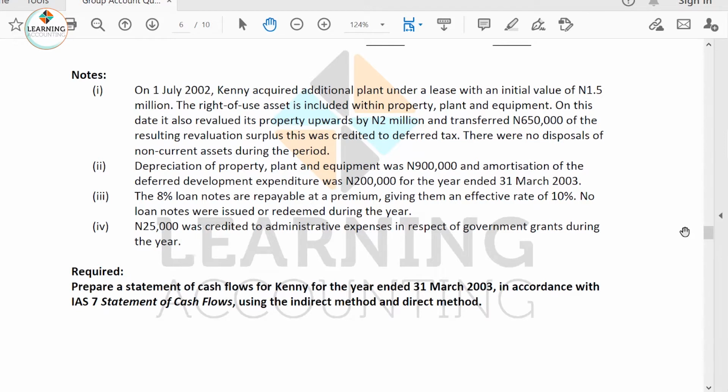What I chose to do in this question is use both methods, so that at least if you're asked either of them, you have a good idea of how to go about it. But we'll start with the indirect method first.